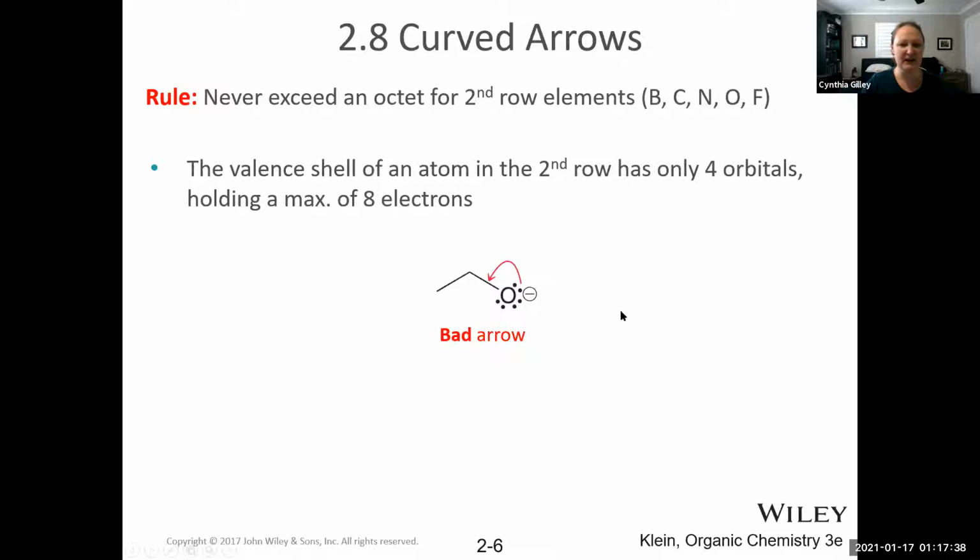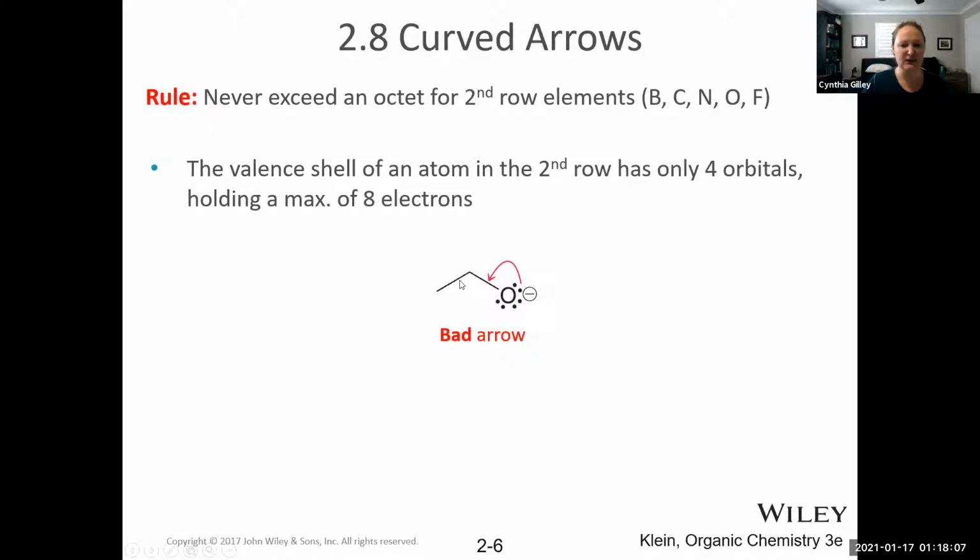And sometimes it's very confusing whether or not an arrow is possible, mainly because when we're drawing line structures, sometimes called bond line structures, we don't always show all of the atoms drawn in.